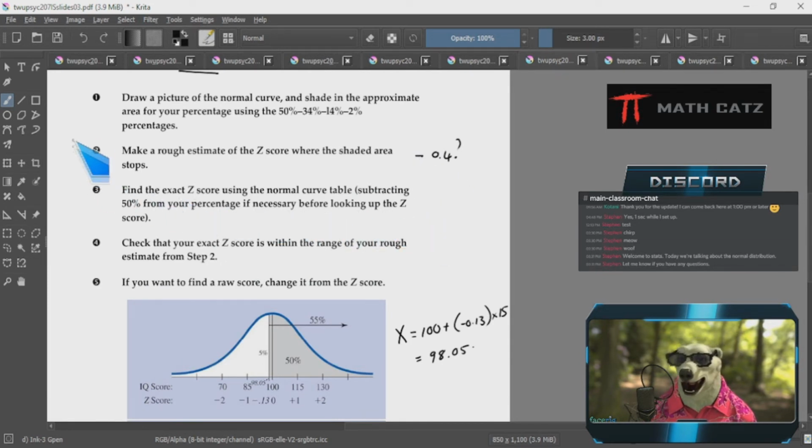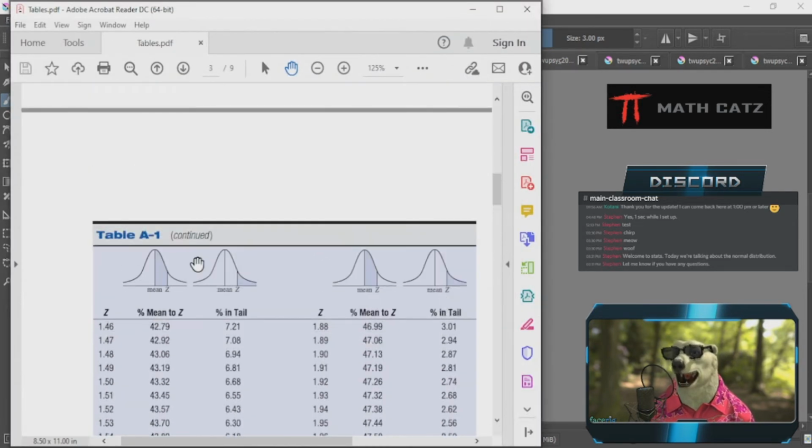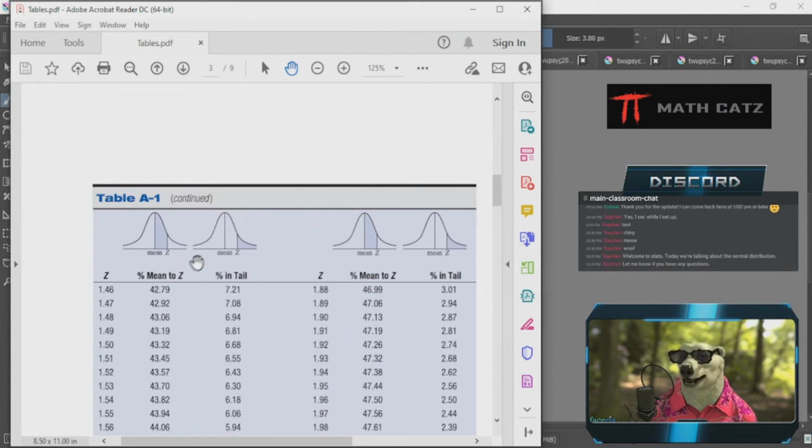Let's move on. Again, these 1 and 2 steps are optional, absolutely, but helpful in the beginning. Now I want to find the exact z-score using my table. How do I do that? Well, I have to look at the right column. In this case, everything they give me is to the right of the mean, but because of the symmetry, I'm going to be okay.